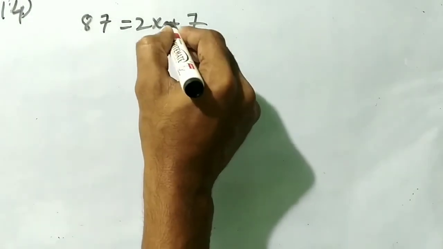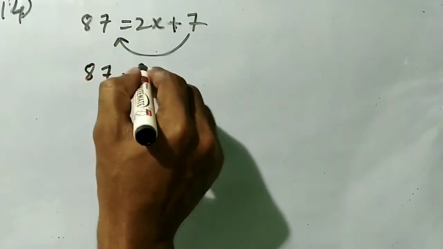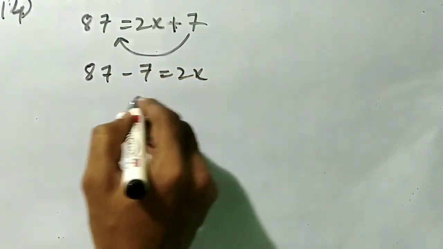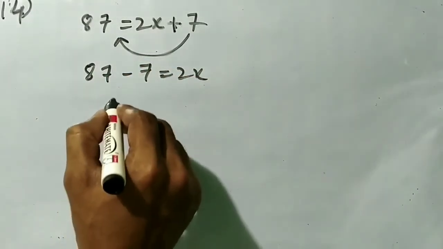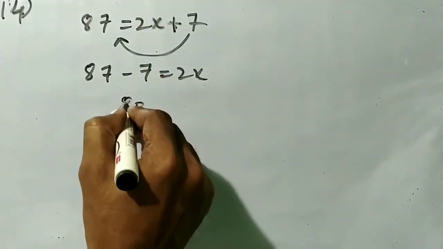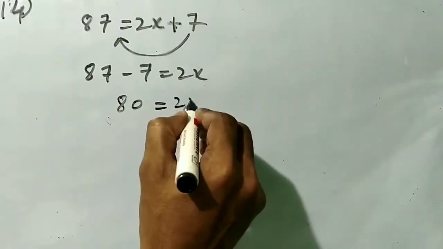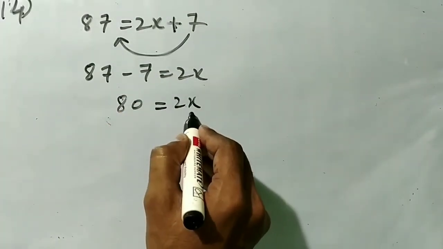So here the plus 7, when it goes to the LHS, becomes minus 7. 87 minus 7 is equal to 80. So 80 is equal to 2x. Here 2 is multiplying with x; when it goes to the other side, it becomes division.